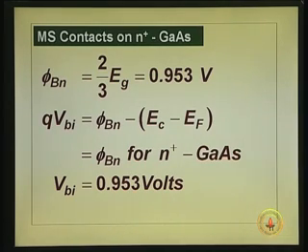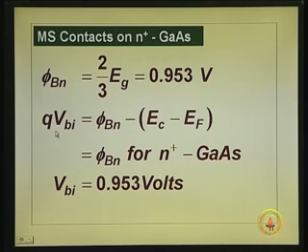To illustrate it further, I have shown here phi Bn and written the values corresponding to that. For example, here phi Bn is 2/3 of Eg, which is equal to 0.953.